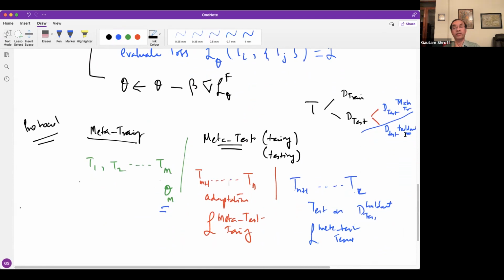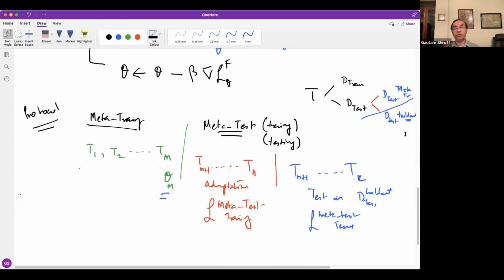You would never have seen that data, so you will never adapt using it, right? This is the protocol being used in testing, and what you observe in this protocol is that the network can learn and not forget.